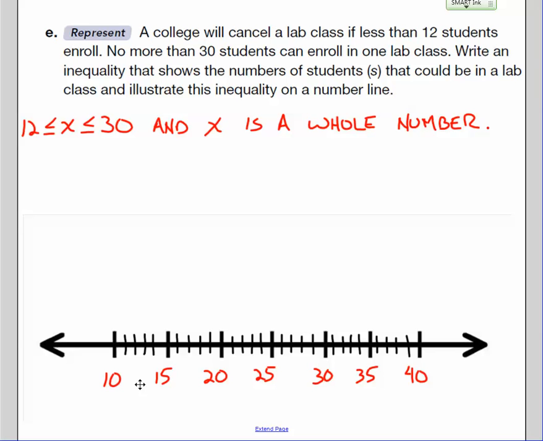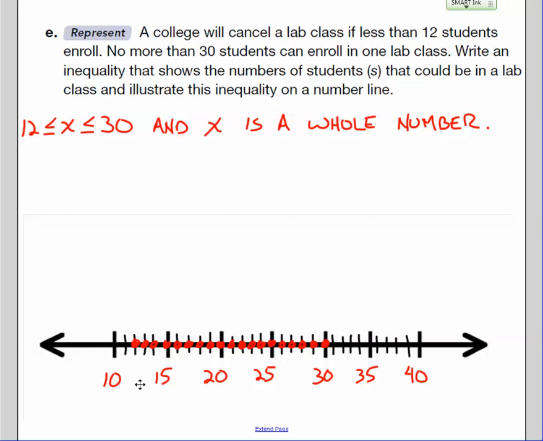And then I'm going to plot these points here. So between 12 and 30, including 12 and 30. And since it's got to be a whole number, we can't just use a line that connects the 12 to the 30. So we have to actually plot every single one of these. So here's the possible students that could be in this lab class.